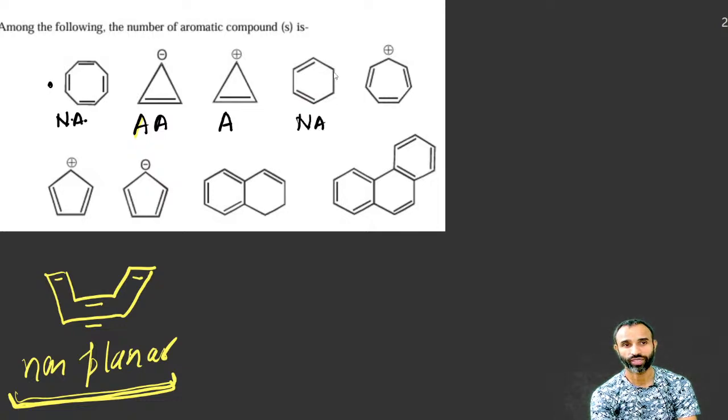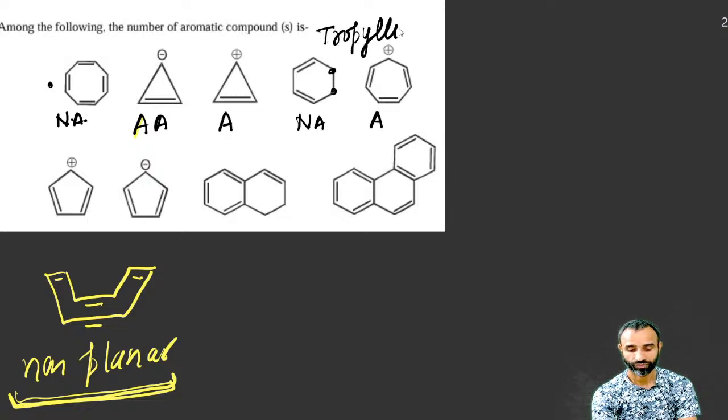Non-aromatic because there are carbons with, yes, this one, yes, this is called tropylium cation. What about this? Anti-aromatic. This we have also already done just now. So it is aromatic. And what about this?